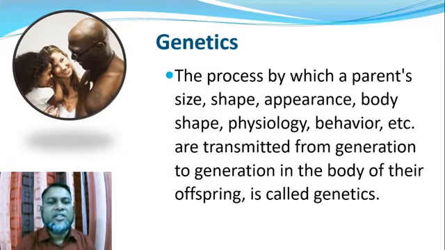At first, we discuss genetics. What is genetics? The process by which a parent's size, shape, appearance, body shape, physiology, behavior, etc. are transmitted from generation to generation in the body of their offspring is called genetics.